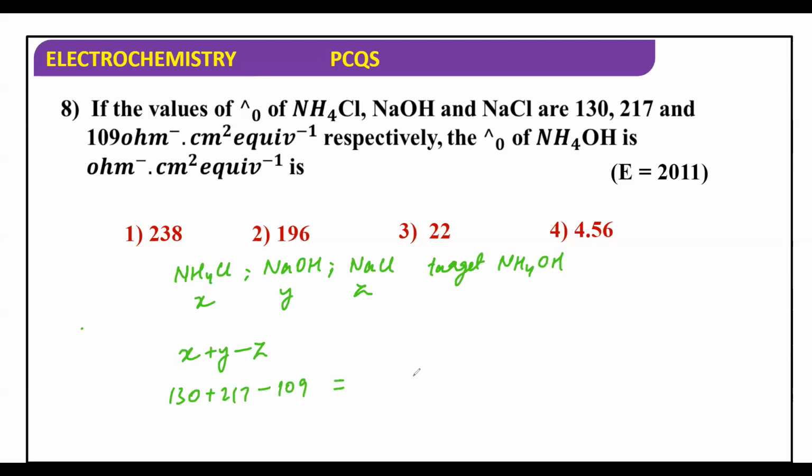So this will be equal to how much? 347, then minus 109. 47 minus 9 will be 38, so it will be 238.